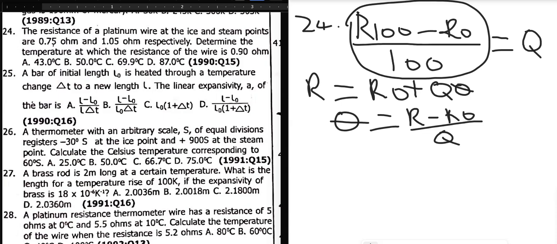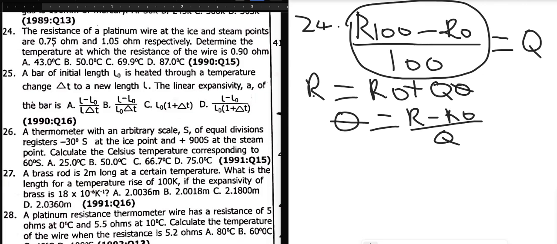Then your R theta is your 0.90. This R0 is your 0.75. Okay. Then you divide by anything you get from this first equation, and this should give you your final answer. Okay.